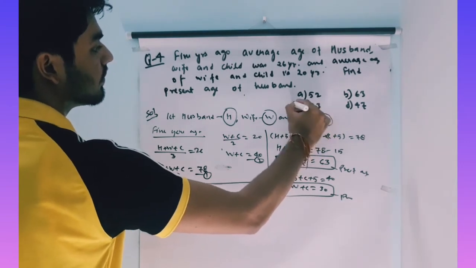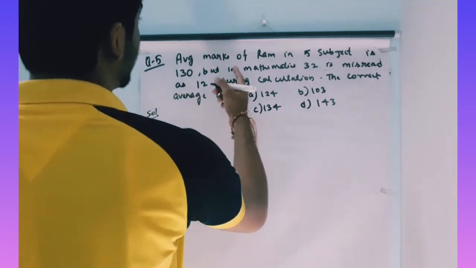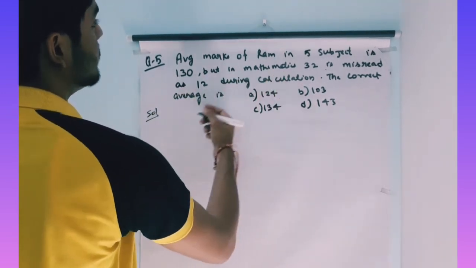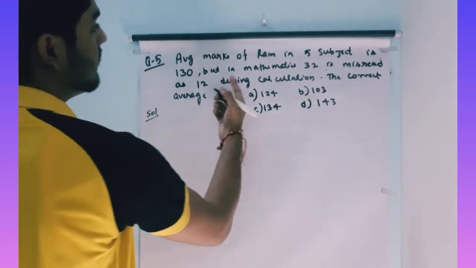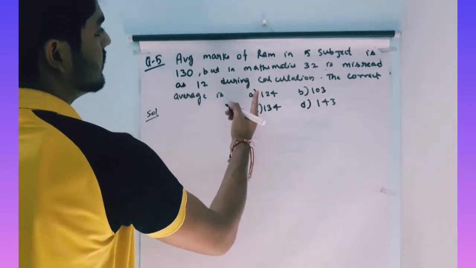Our next question is question number 5, which says the average marks of Ram in 5 subjects is 130, but in mathematics 32 is misread as 12 during the calculation. Find the correct average.